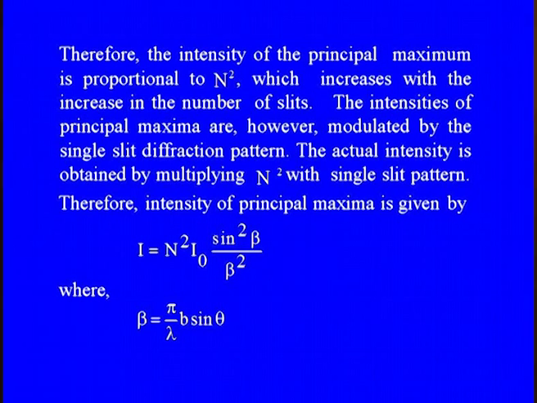The actual intensity is obtained by multiplying capital N square with the single slit pattern. Therefore, the intensity of principal maxima is given by N square into I naught into sin square beta by beta square, where beta is equal to pi by lambda into b sin theta.